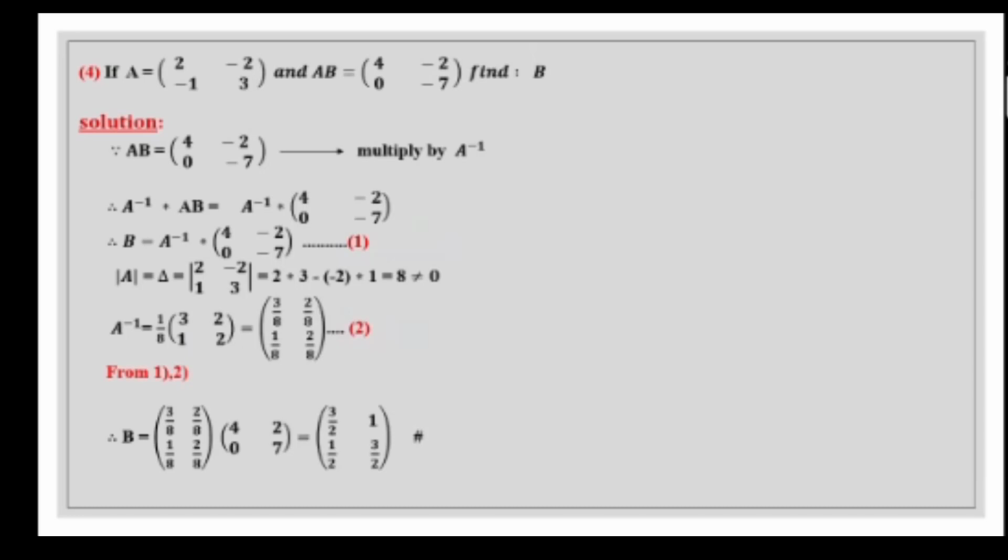That's equation number 2. From equations 1 and 2, the matrix B will finally equal 3 halves, 1 and a half and 3 halves. That's QED.